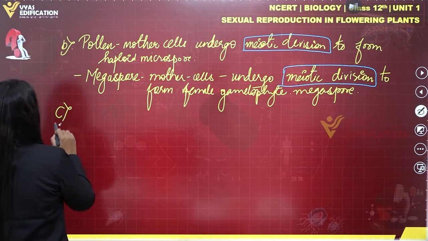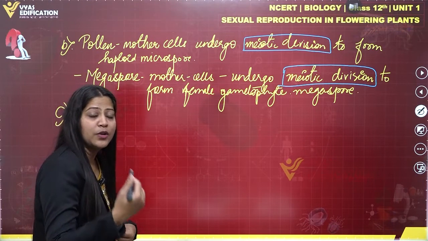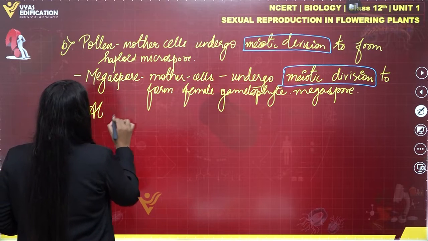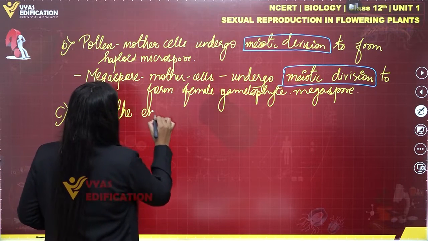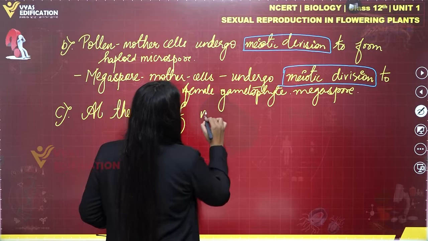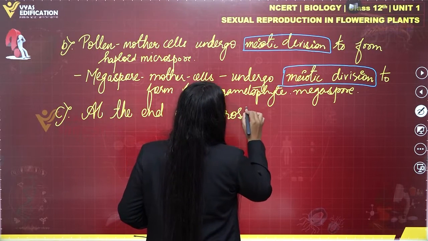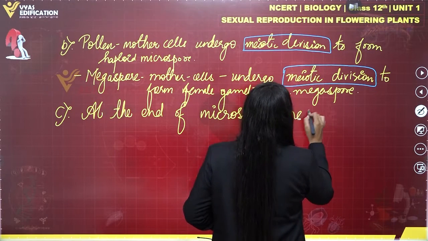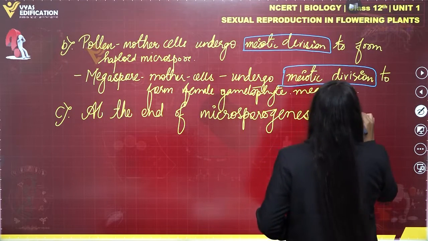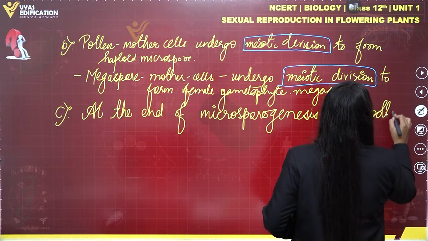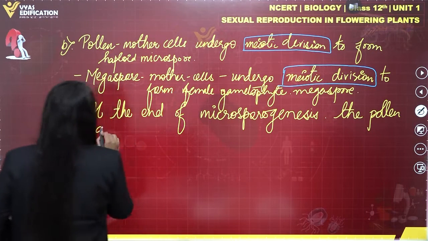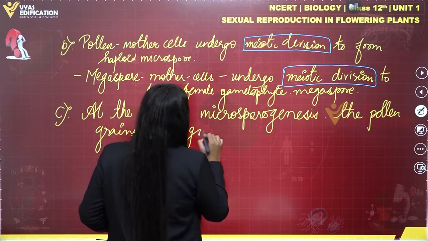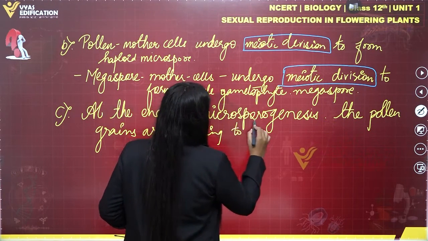The last part of this question asks what are the structures formed at the end of these two events. So at the end of microsporogenesis, the pollen grains are going to be formed.